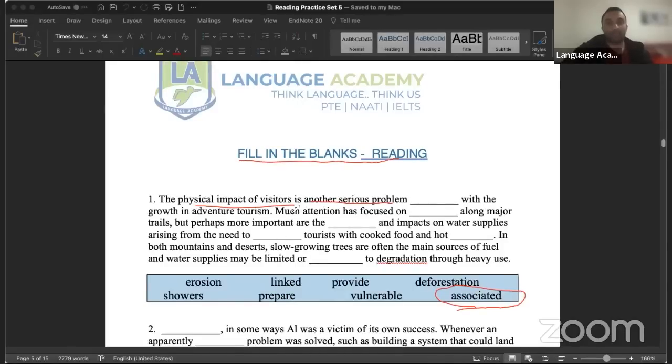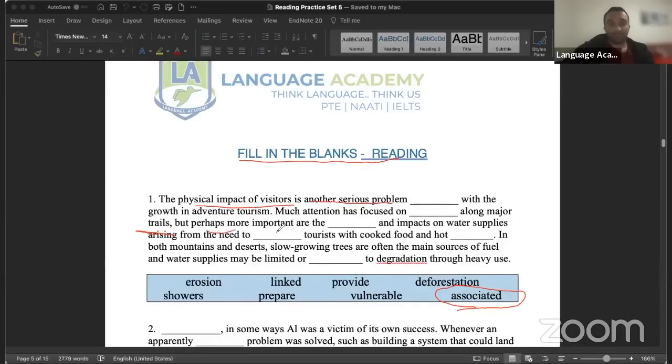Okay, good job. Next one, much attention has focused on dash along with major trails. Now, it could be deforestation or it could be erosion. Okay. When I was solving, I was doubtful between these two. Look at the next one.